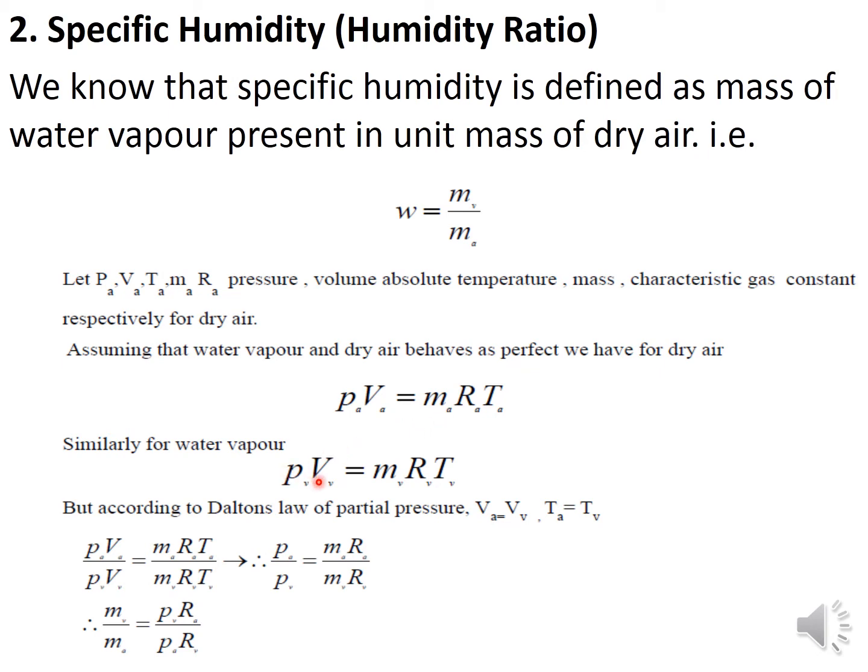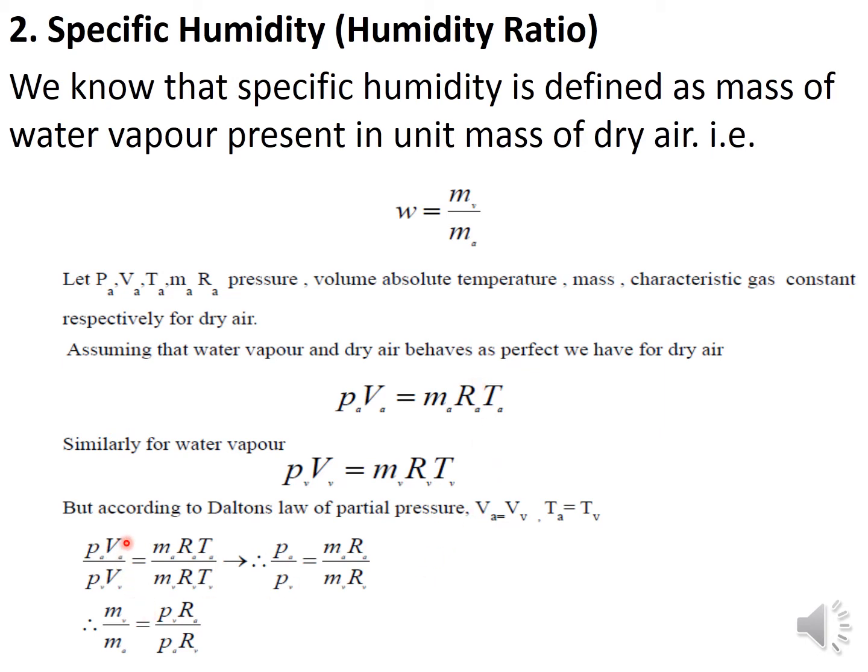Similarly for water vapor we use V as a suffix: PV VV equals MV RV TV. According to Dalton's law, VA is equal to VV because the volumes are equal, and temperature TA is equal to TV, because at that temperature and pressure Dalton's law holds good.